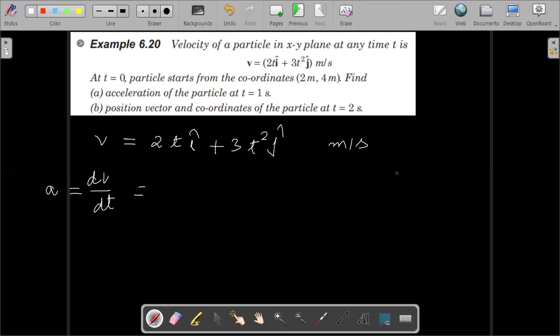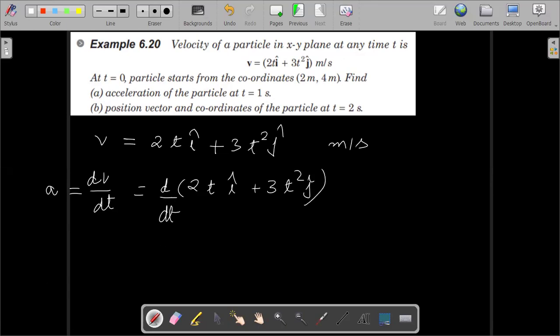Okay, shall I tell you? So see, if I differentiate it, I am making dv by dt. So on the right hand side also, I will write d by dt of 2t i cap plus 3t square j cap.